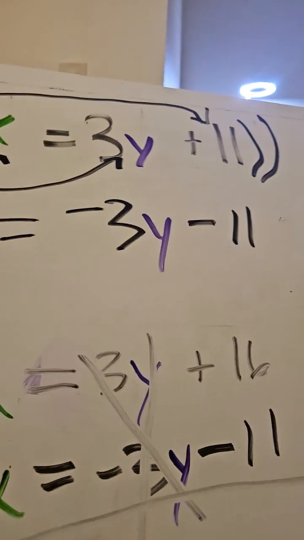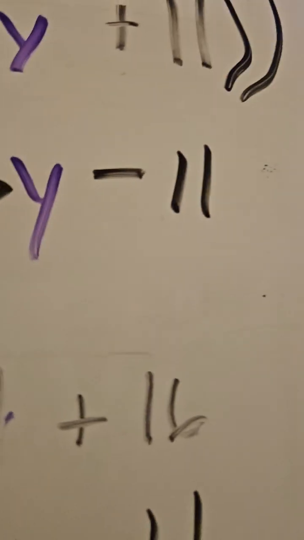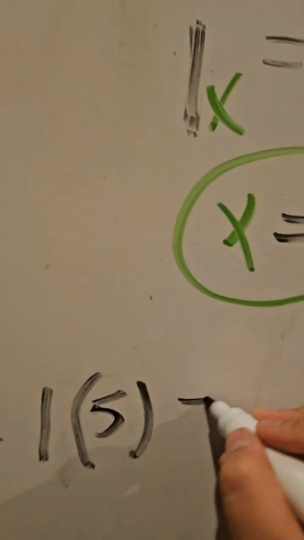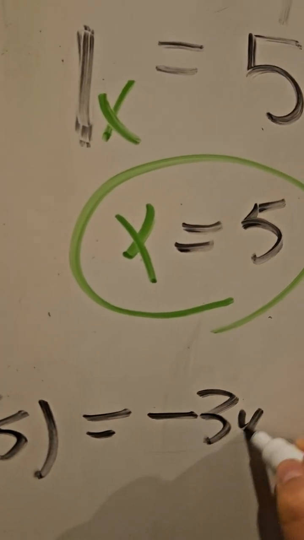So we can come back, and I think this bottom one would be way easier. So negative 1x, or not x, 5 times 5 equals negative 3y minus 11.